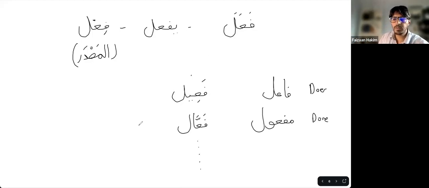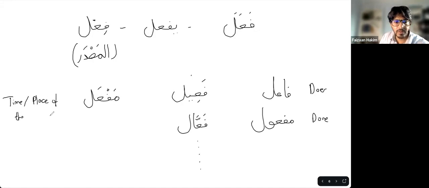Another really important class of words is, well, you see this pattern of mif'al or maf'al. See, maf'al. This has a meaning of the time or the place of the fi'l.